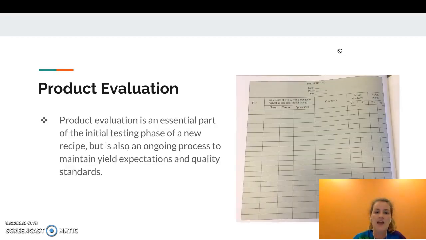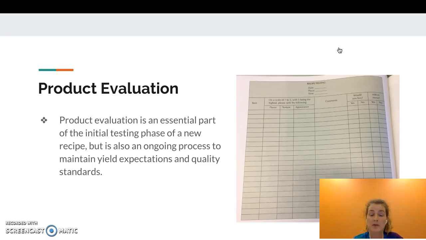And then product evaluation is an essential part of testing a new menu item, but it's also an ongoing process to always work on altering the menu, improving it, enhancing it, and so on. The chart on this slide is an example of a product evaluation.